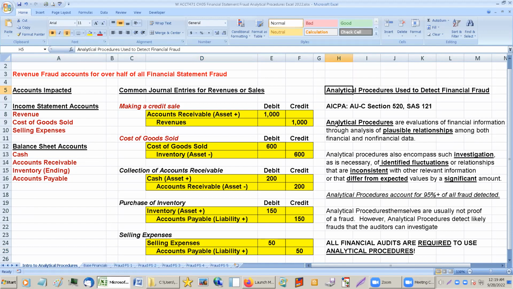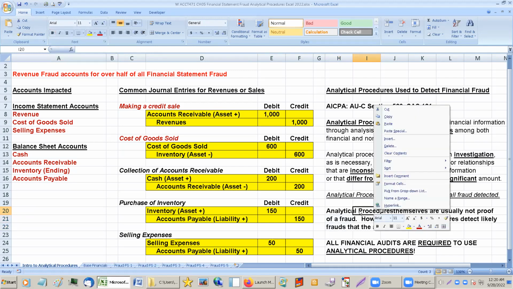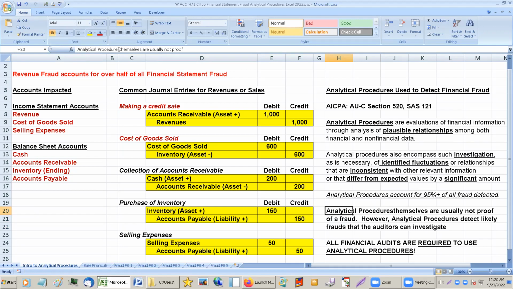Okay, analytical procedures. Analytical procedures are evaluations where you're looking for plausible relationships. And when those plausible relationships aren't there, then you investigate it. Now, it's important to note that analytical procedures of themselves are usually not proof of fraud.